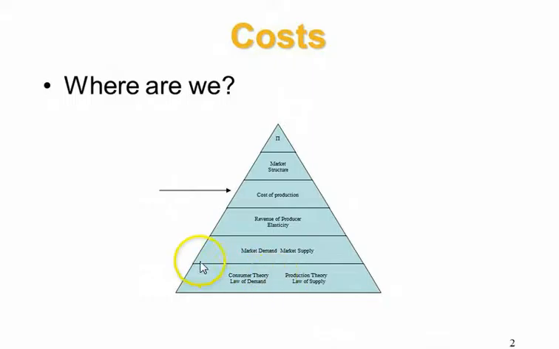And then we went into supply and demand, and then we talked about law of supply, law of demand, and then we went into elasticity, which is built upon simple relationships like the law of supply, law of demand. And what the elasticity showed us here is how pricing decisions impact revenue.